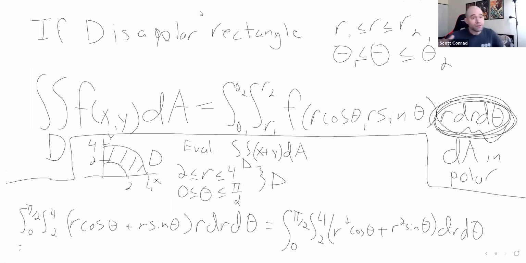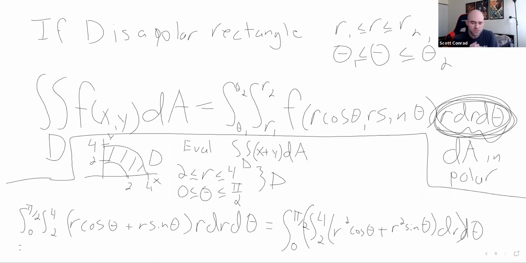Okay, so now it's just like a normal double integral, right? Except instead of using x and y, we're using r and theta. We're just calling the variable something different now. Just think of it like that. So when we integrate with respect to r, the inner integral, we're treating theta as a constant.